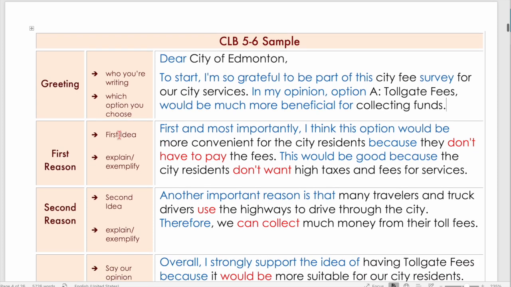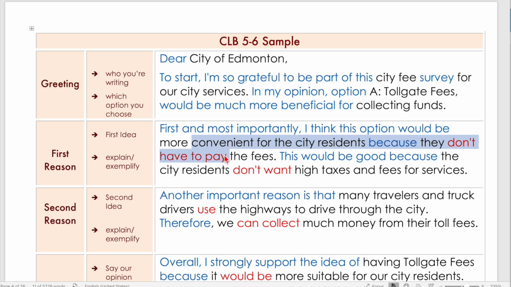That's what we do. We get to the first reason, first idea. First and most importantly, I think this option would be more convenient for the city residents because they don't have to pay the fees. Okay? It's very good, convenient for the city residents because they don't have to pay the fees.